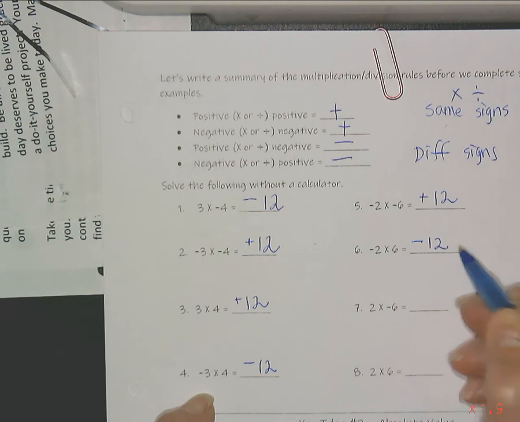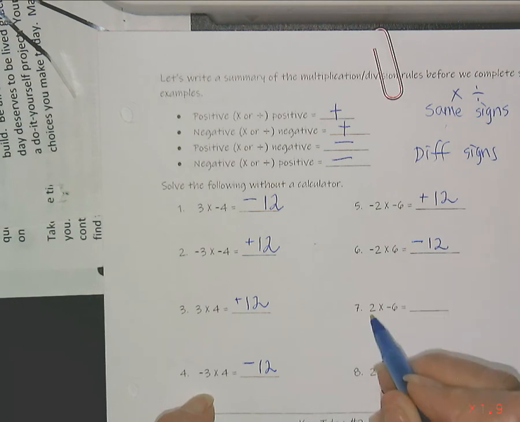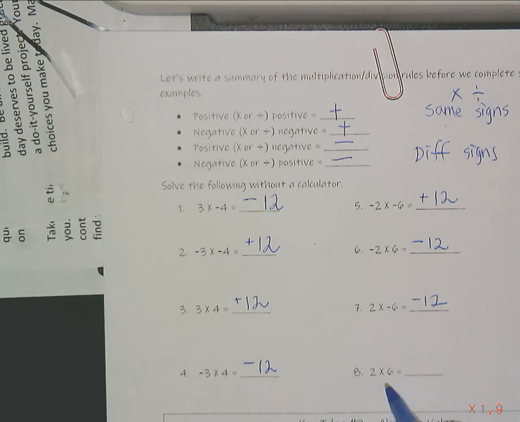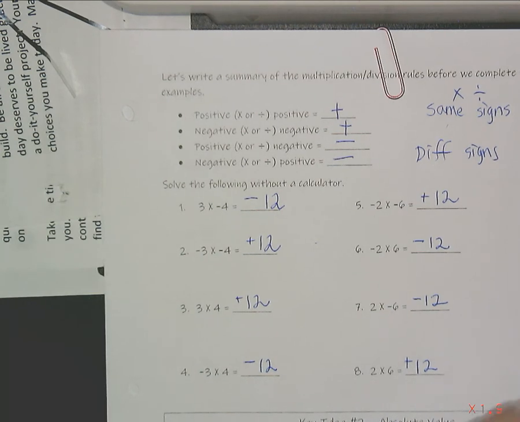Negative 12. Mia, updraft hitting the back of the plane. Negative 12. Elena, updraft hitting the front of the plane. Positive 12. And guys, when it's positive, you can write a plus sign, but most people don't. Most people will just write a 12, but you can write a positive if you want to.